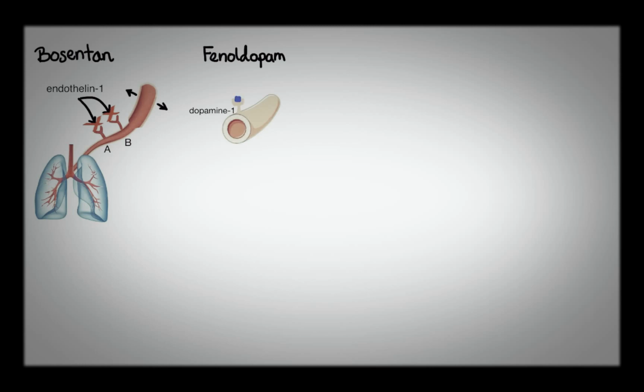By stimulating dopamine 1 receptors, fenoldopam produces generalized arterial vasodilation, which leads to decreased peripheral resistance and thus lower blood pressure. Additionally, fenoldopam inhibits tubular sodium reabsorption, which results in natriuresis and diuresis. Due to its rapid onset of action and short duration of action, fenoldopam is often used in the hospitals for short-term management of severe hypertension.